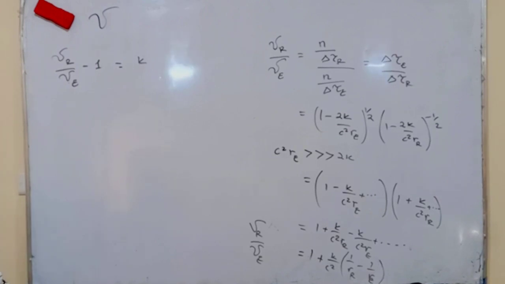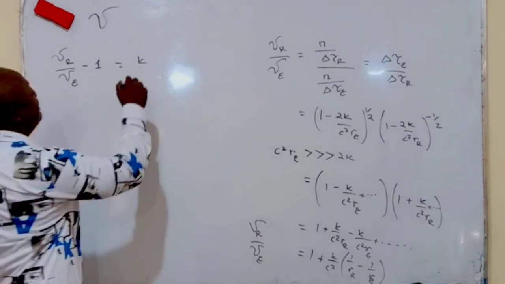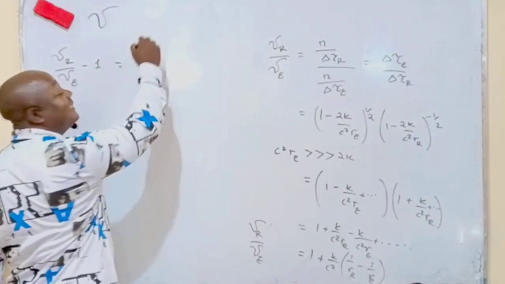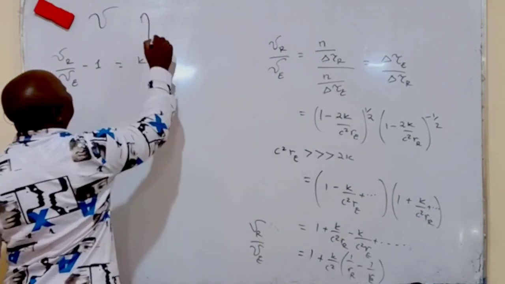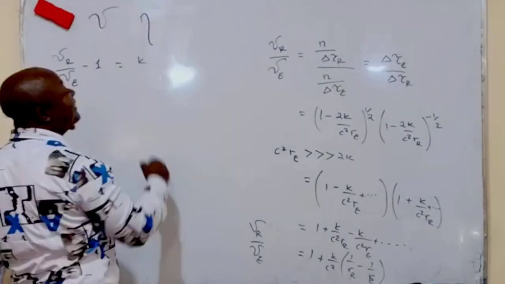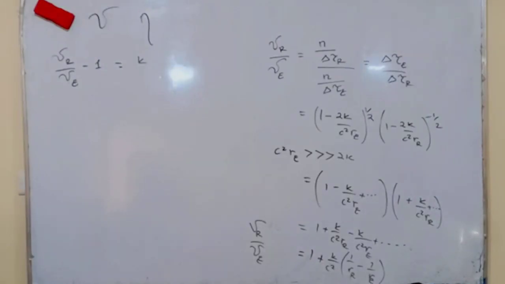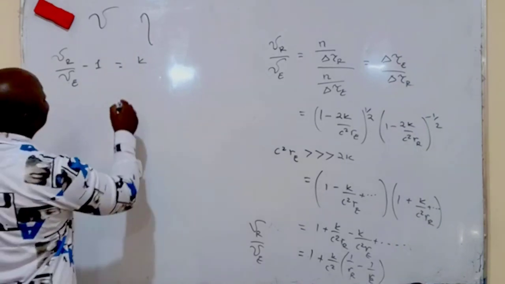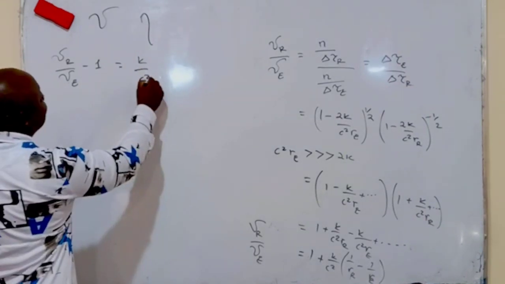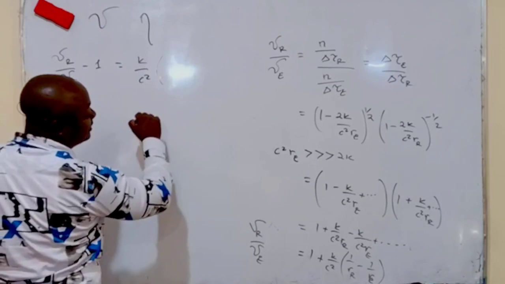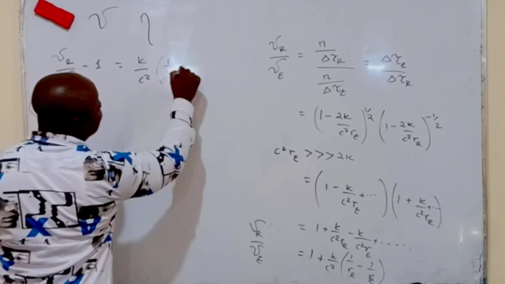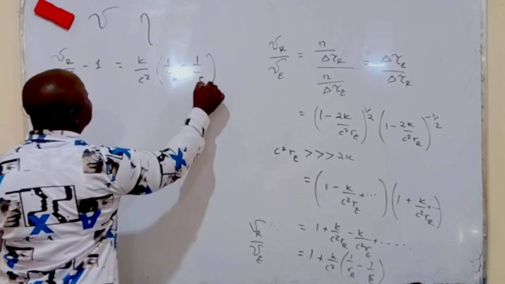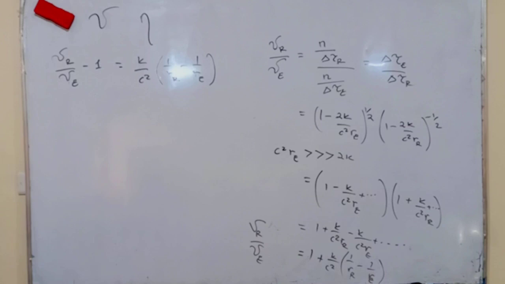This one is nu. There's mu. Which one is mu? So we have that, into 1 minus 1 over r_r minus 1 over r_e.